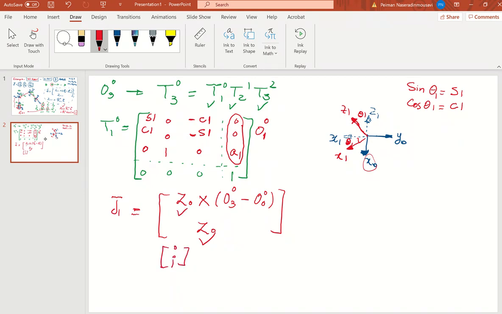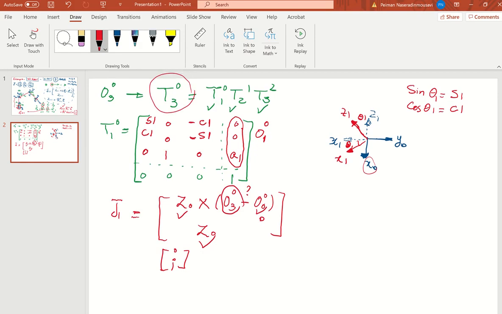We have this, the same. We have this, which is 0. We don't have this, so we have to calculate it from here. But we have only found T1 with respect to 0 so far. Now we have to find, let me change the color, T2 with respect to 1. Again, a 4 by 4 matrix.